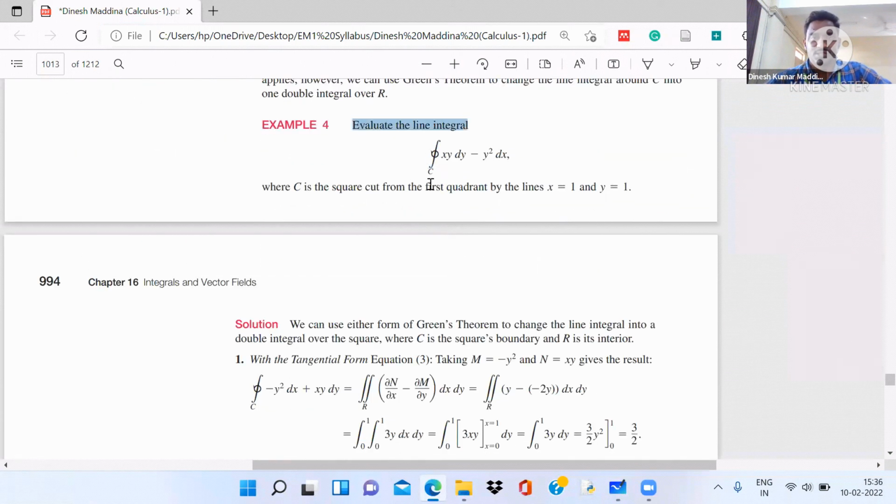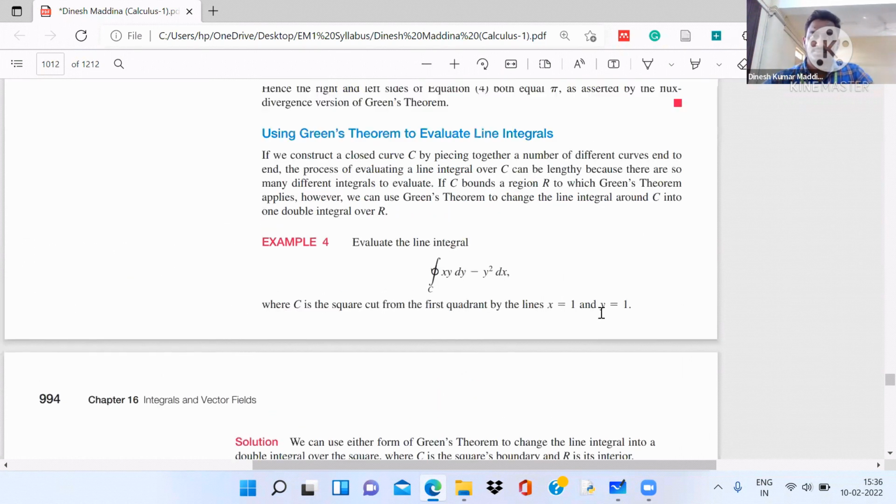Okay, this one, example number 4. They are saying that find the line integral. Here we are converting this line integral into a surface integral.